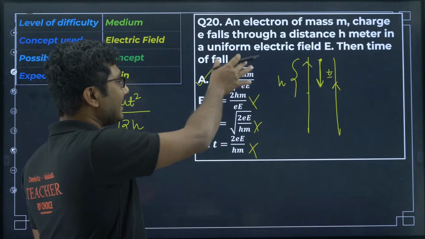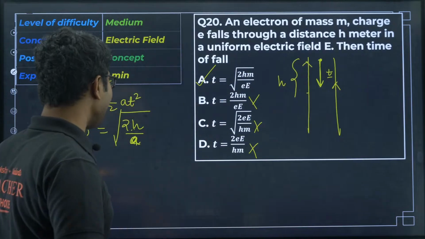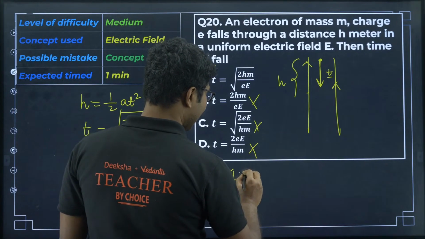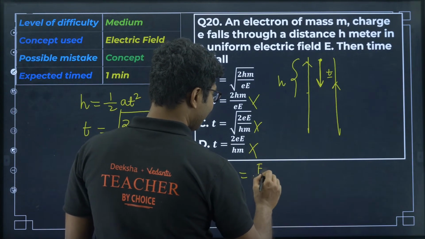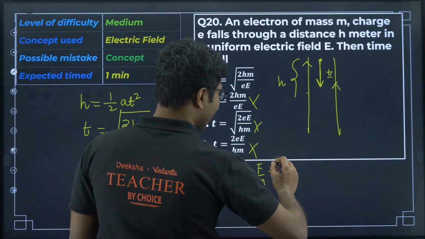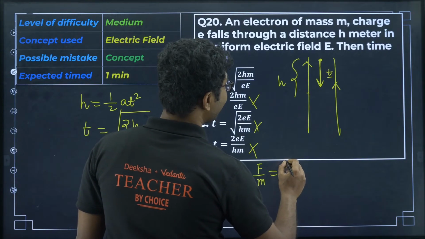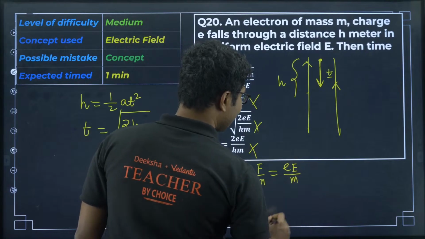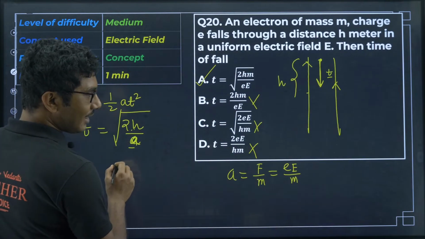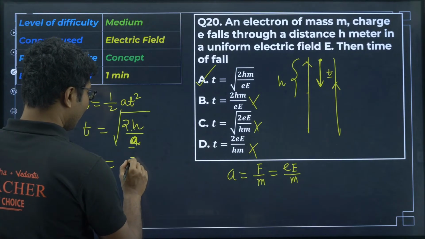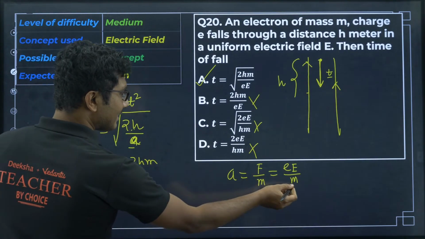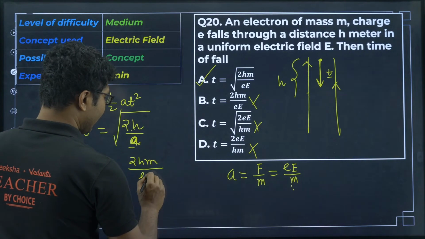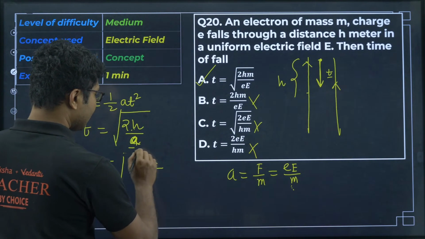In case they give you other options with square root of h, then you have to check with acceleration. What is the acceleration here? Acceleration is force divided by mass. Force is charge of an electron into the electric field divided by mass, right. So, you have to put this here and you will get square root of 2hm. This m is in division, so it will go up, and e into E will stay in the division, and there is a square root.